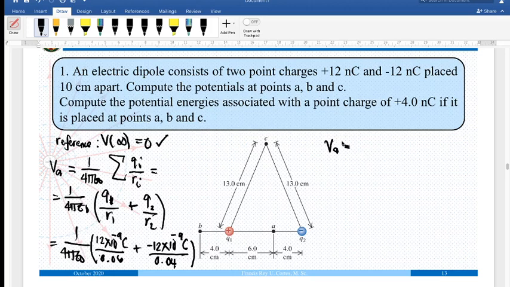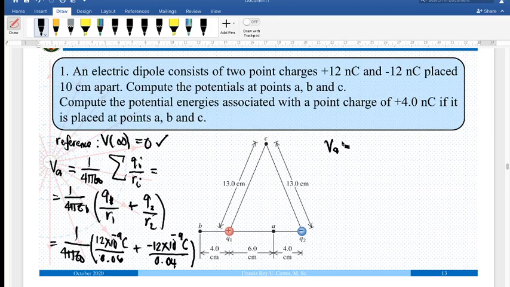You can calculate that one if you have a calculator on your side. So 9 times 10 to the 9, times 12 times 10 to the negative 9 over 0.06, minus 12 times 10 to the negative 9 over 0.04.